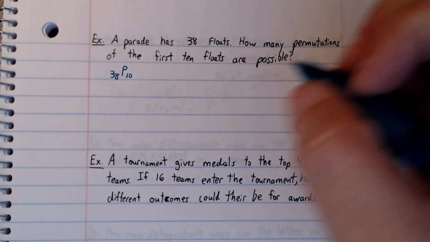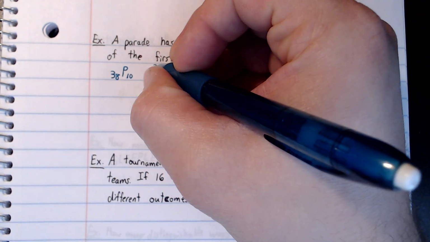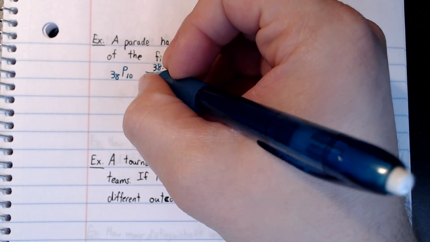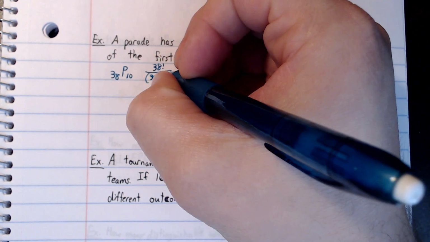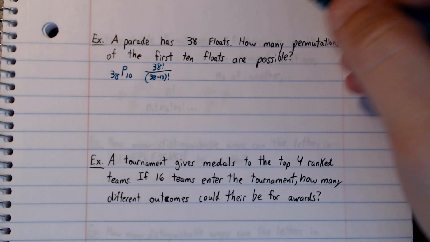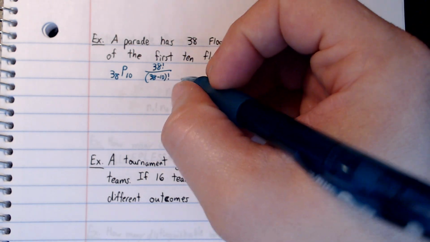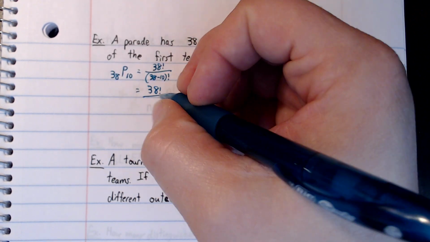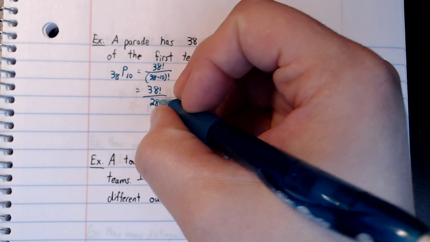So it says n factorial over n minus r factorial. That's the formula. Let's simplify this first. 38 minus 10 would be 28.